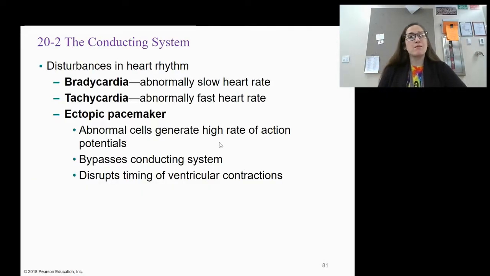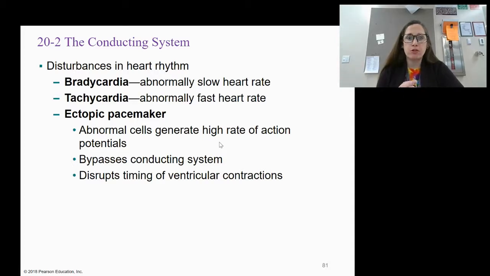All right. Sometimes, though, that conduction system, so that initiating of that SA pacemaking node impulse, the delay at the AV node, the spreading through the conduction system, sometimes that doesn't work right. And here are a couple general terms. You'll be doing an activity that'll talk about some more specific ones.